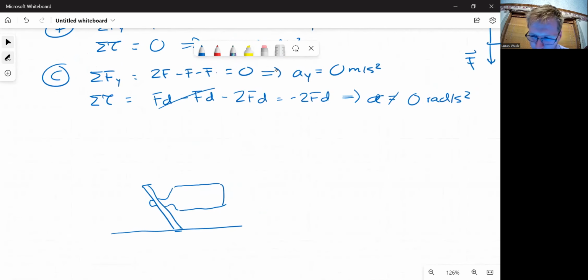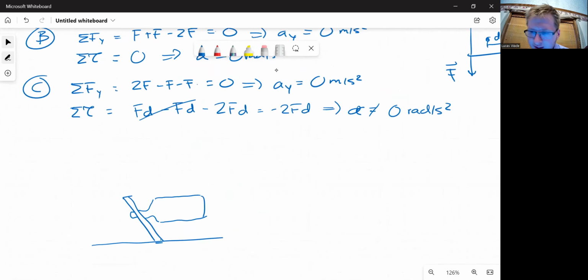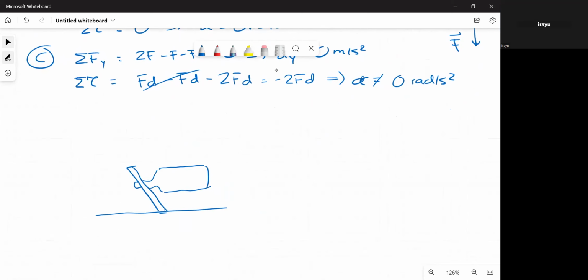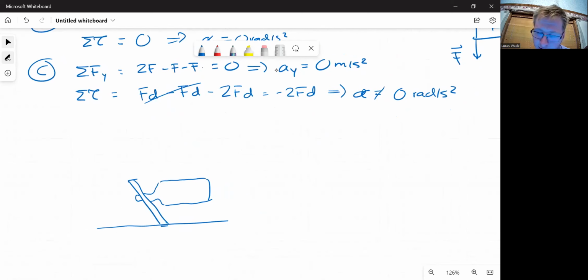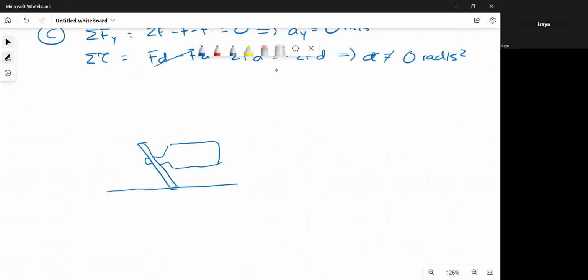So when did we say that objects balance? When the center of gravity is in the center of the object. Not necessarily when it's in the center of the object, but when the object is supported at the center of gravity, when the torque done by the weight is zero.